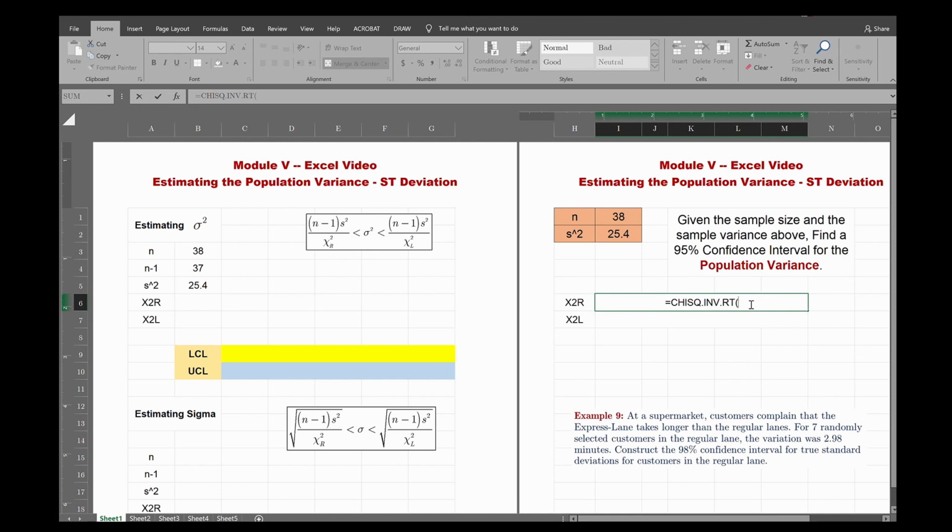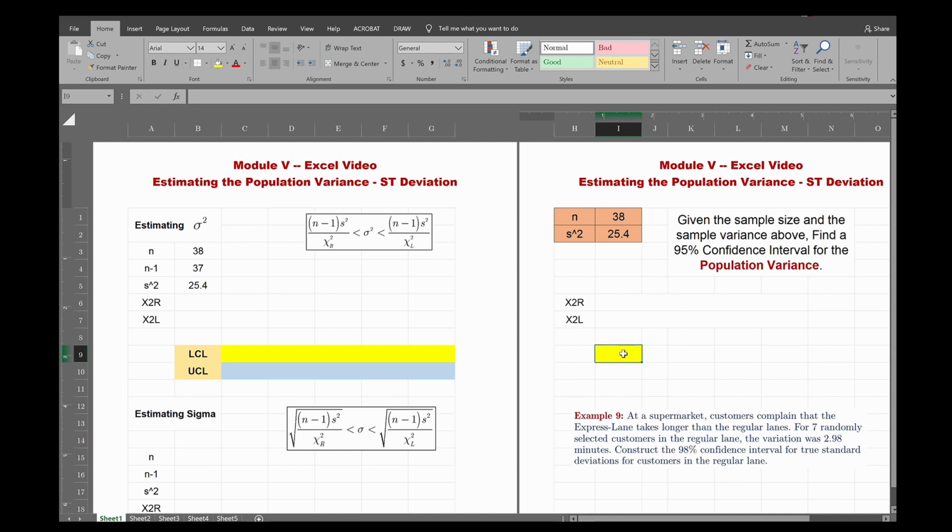Now, the number that goes here will be 1 minus the confidence level, divided by 2. Now, before I type this, I just wanted to show you the command. I'm going to delete this and actually figure out what's the number I need to type in here. I'm going to come here somewhere on the side, and I'm going to make it yellow.